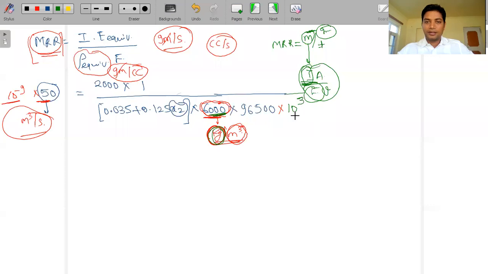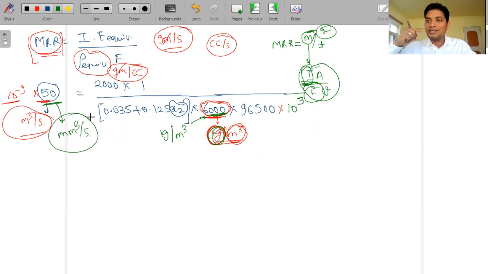Sir, please repeat this again. Guys, here the density is given to you in kg per meter cube, and this value is given in mm cube per second. So first of all we are balancing the meter cube or mm cube volume terms.